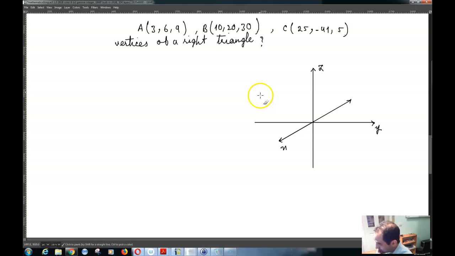So now what I'm going to do is, for example, point A is 3, 6, and 9. And as you can see, these numbers are pretty large, so I'm going to take small scales with large labels, with large numbers.